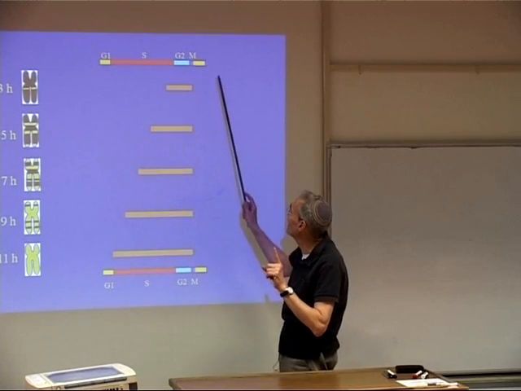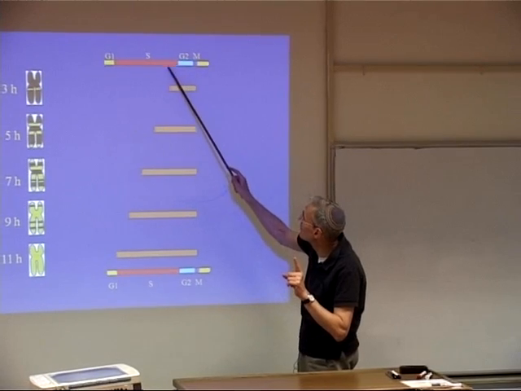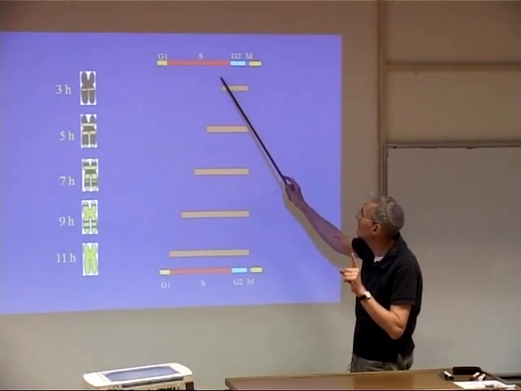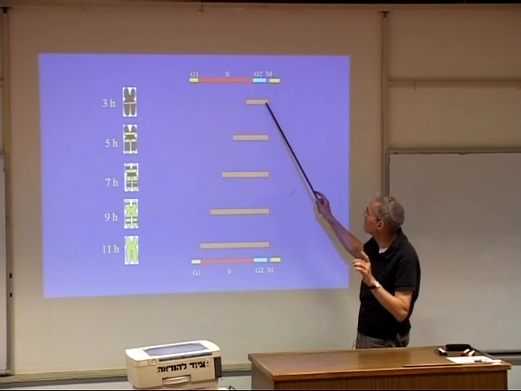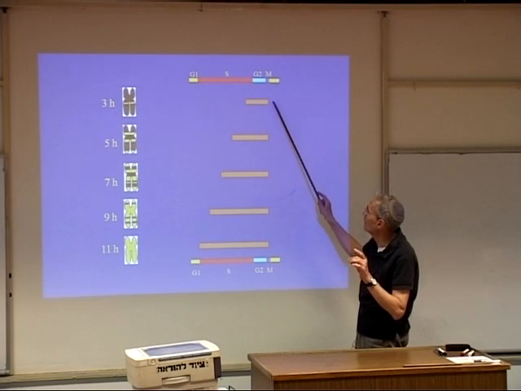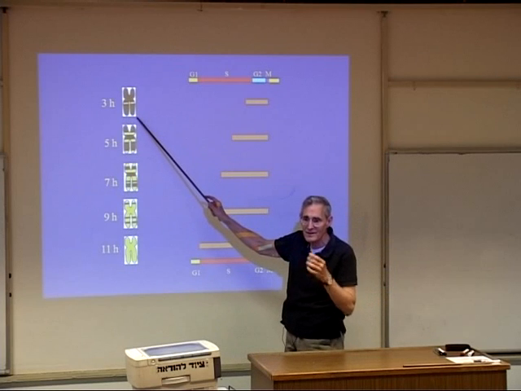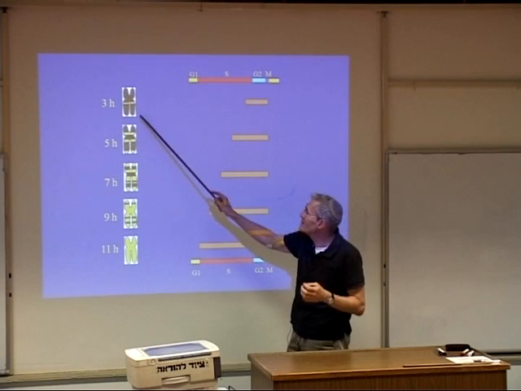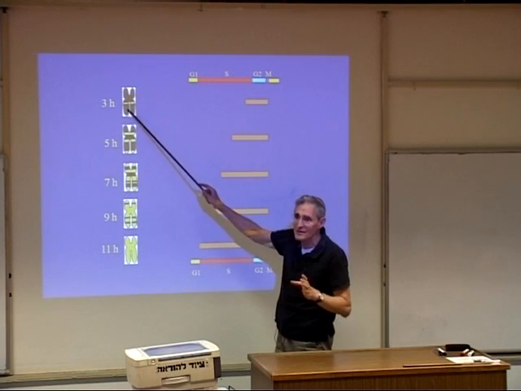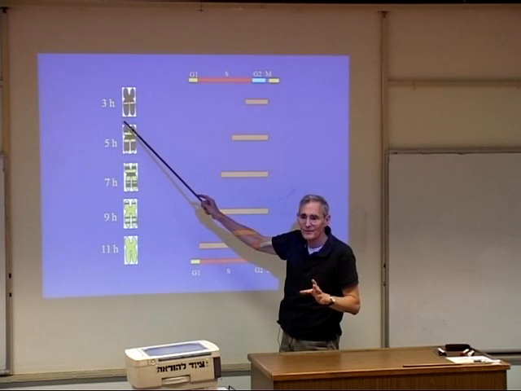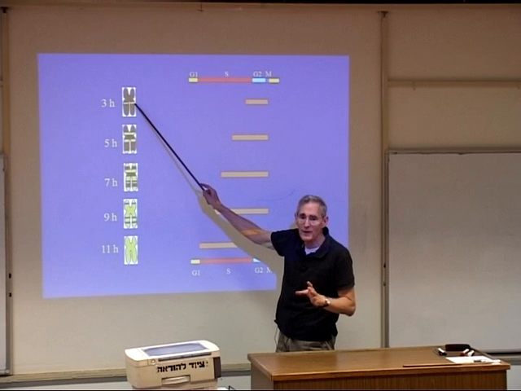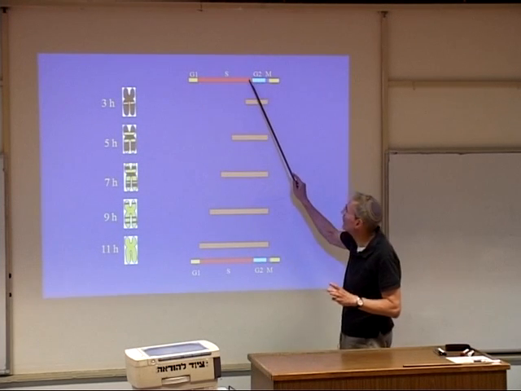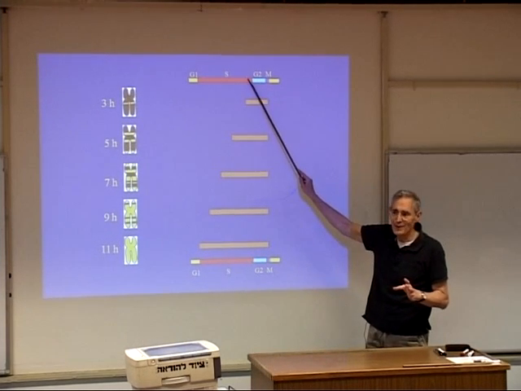So I'm only looking at what you see here, the cells that were labeled here. Okay? So here it's been labeled for 3 hours, I'm sorry. And then we look at mitosis. You see the following picture. This is a typical chromosome. You see 1 or 2 regions labeled with BrdU. Okay? That means that this region underwent replication over here, towards the end of S.